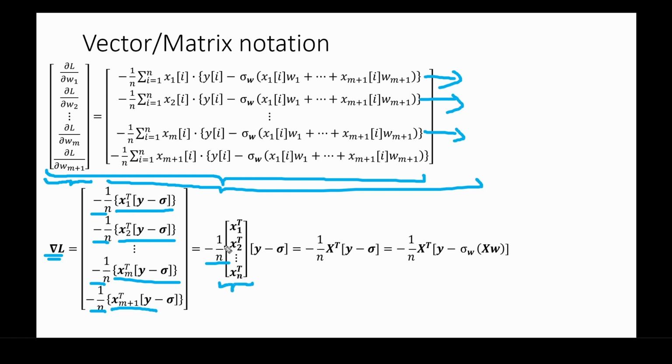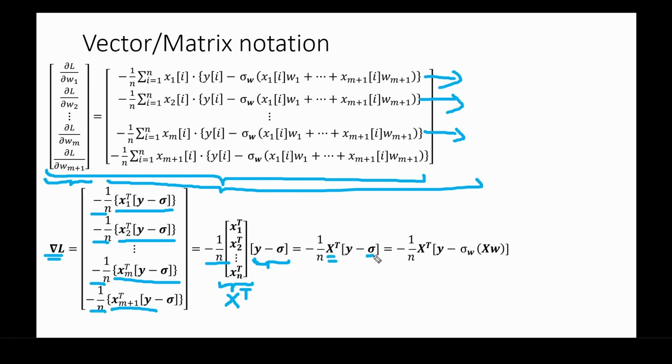The first term is a matrix with each row representing a feature, and the second term is a column vector, y minus the sigmoid function. The first term is actually equal to the big X transpose, so we replace it with big X transpose.